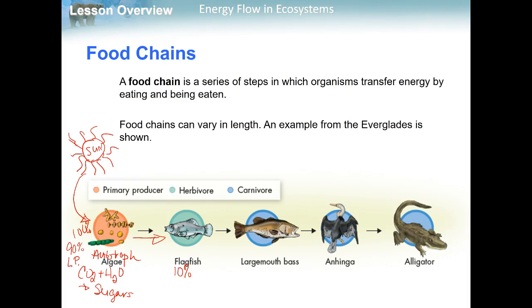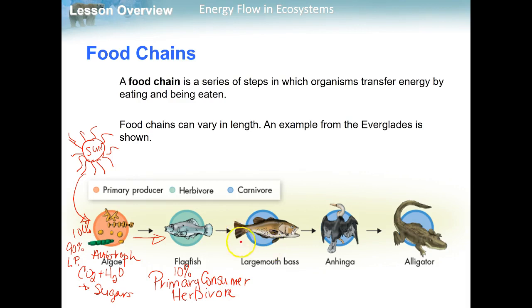So it's going to have to consume a lot of the primary producers, a lot of the autotrophs, in order to get the energy that it needs. This fish, because it feeds directly off of the producers, is called a primary consumer. And more specifically, this primary consumer and all primary consumers are herbivores, because they eat plants.